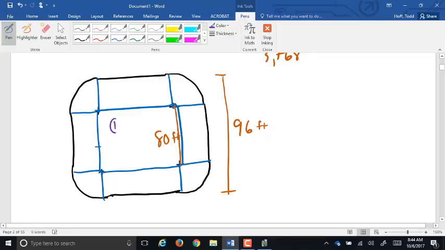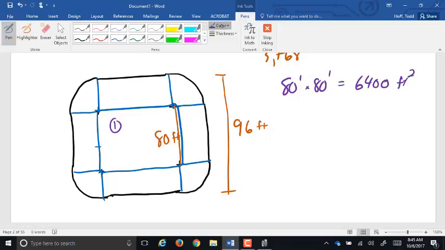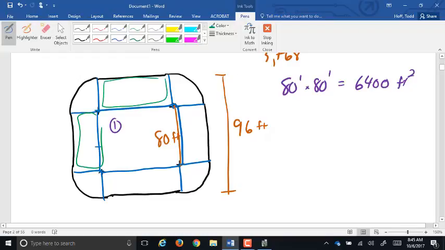But here, what I have is in the middle here, I have this piece that is 80 feet by 80 feet, which is 6,400 square feet. Then I also have these pieces here, which are how big? They're 80 here by, what's this? 8 feet, good. 96 minus 80 is 16, and we got to split that to both sides.